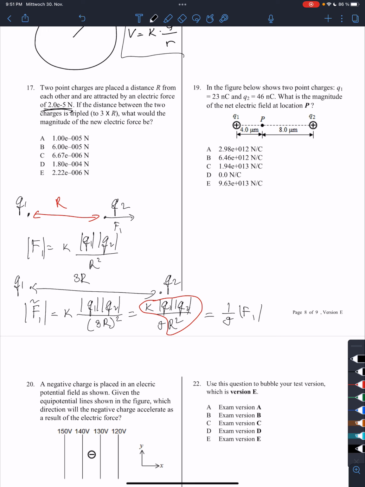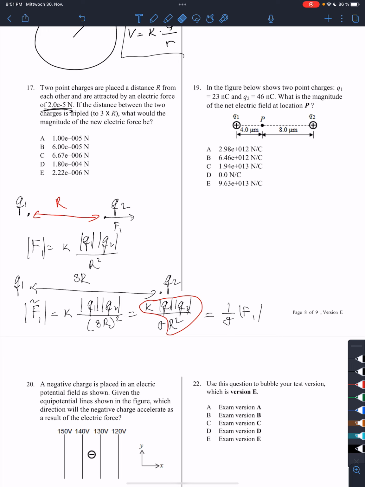As a matter of fact, if you know that interesting fact, that 2 divided by 9 is 0.2222, then any number, like say 7 divided by 9, is also 0.7777. Therefore it is very easy to compute the answer to this problem, because F1 is 2 times 10 to the negative 5.